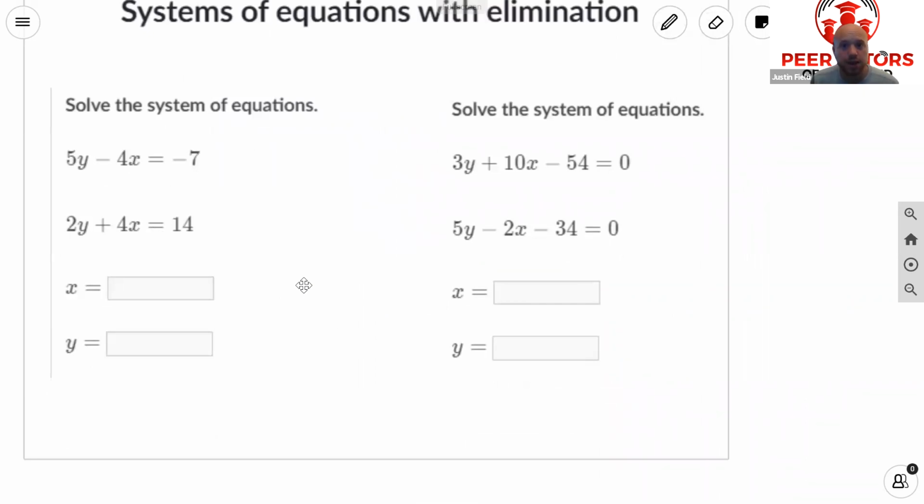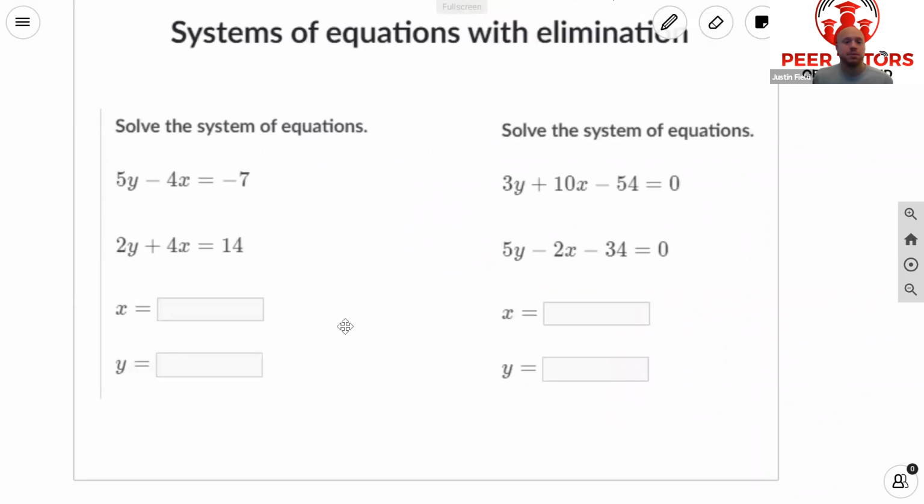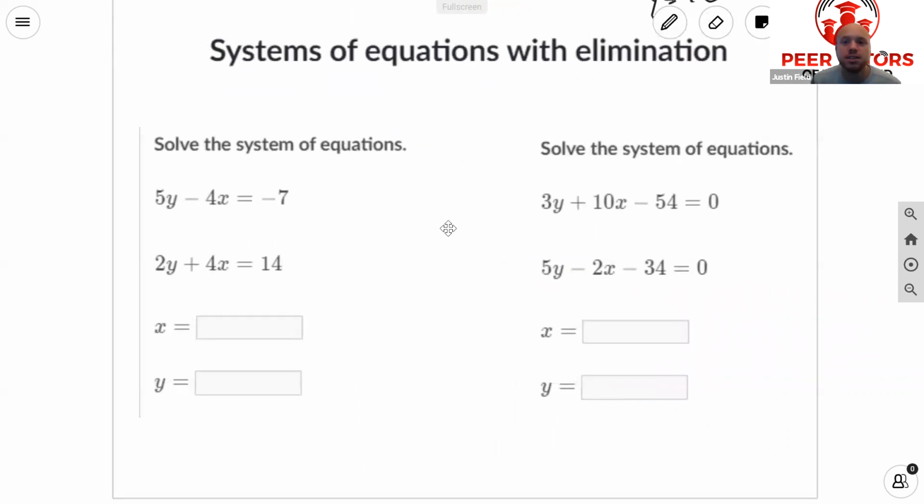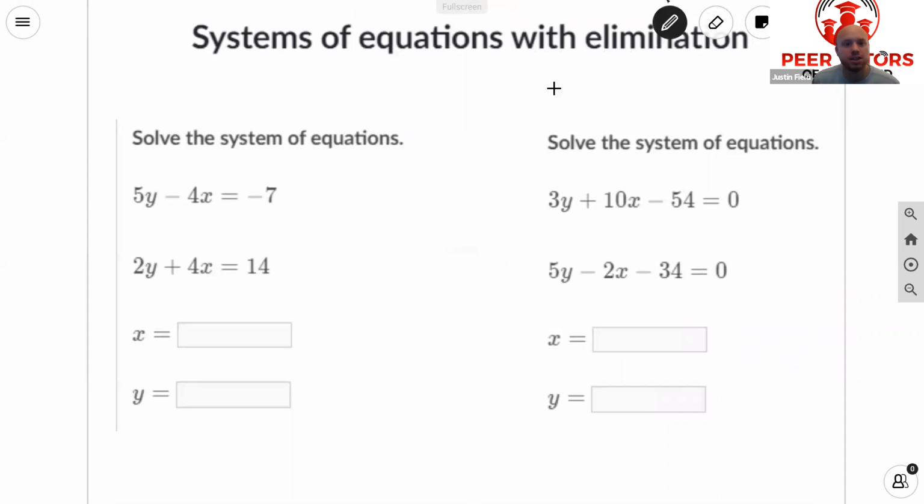All right. So maybe you took a break there, but now we're going to do this last one. And this is some people's favorite, elimination. Okay. So now I'm wondering if you are already looking at these equations and saying, oh, they're in standard form. I mean, that's what I'm doing.